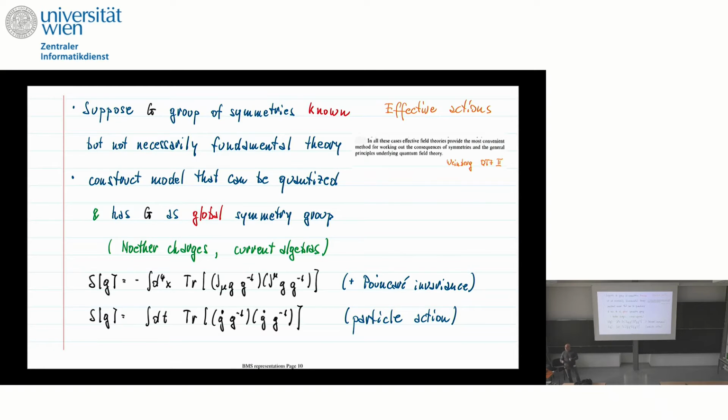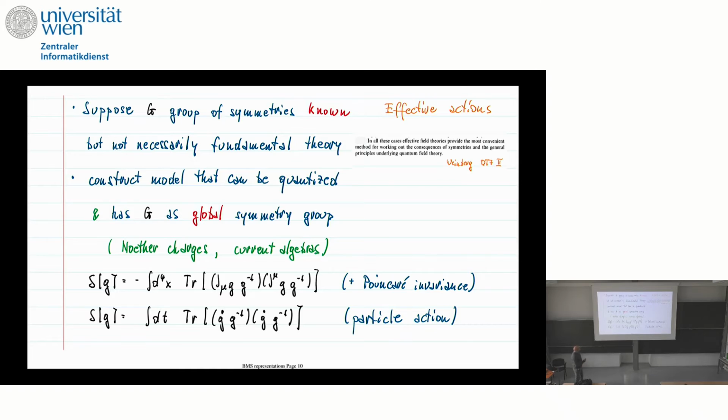You don't really know the fundamental theory that has this symmetry, and that you really can quantize the fundamental degrees of freedom. So Weinberg's problem then is, he wanted to construct a model that can be quantized and that has this group as global symmetry group by construction. That's what you want to do.